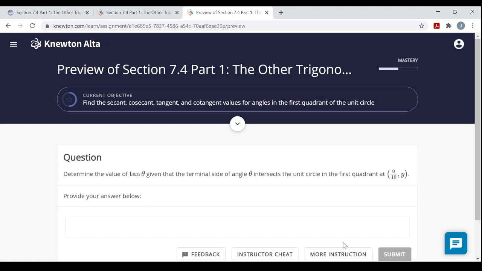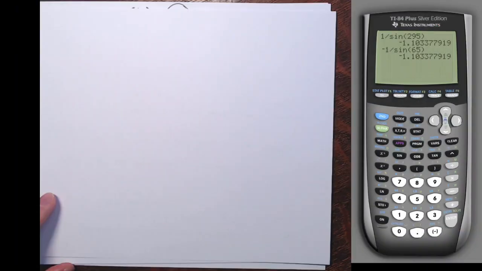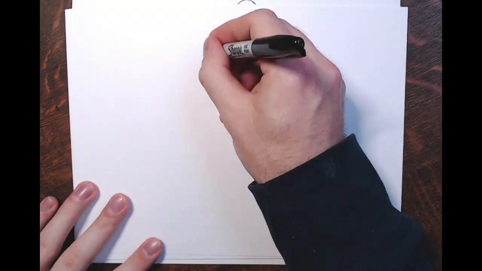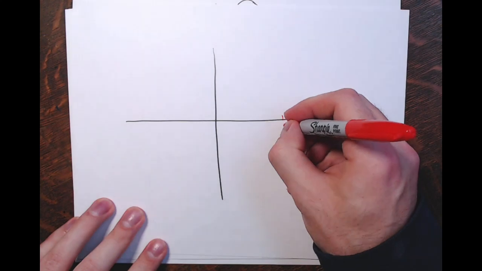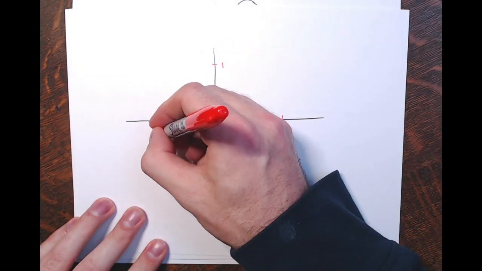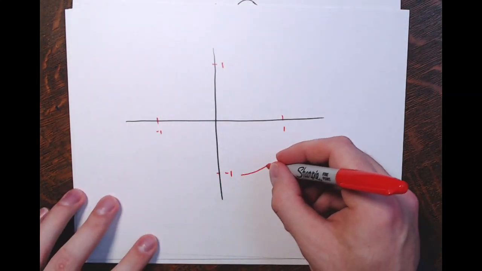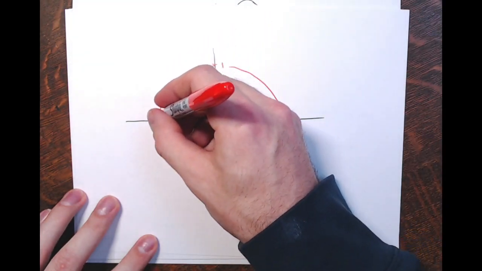All right, so back to my paper. Let's get rid of the calculator here. We'll use the calculator in a little bit, but again, notice the repetitive nature of these problems. How I approach them is the same almost every single time. So here's the unit circle.